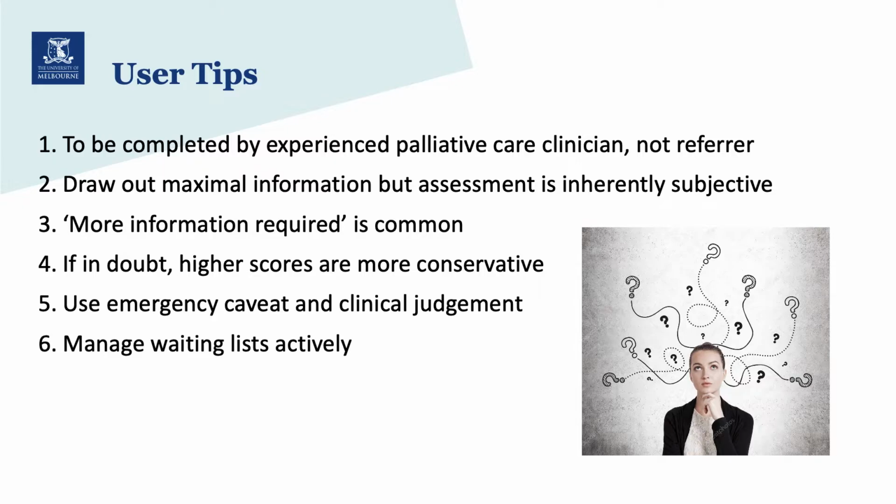So we would suggest that the minimum would be weekly, but for a patient who's considered likely to deteriorate quickly, then daily or alternate daily, checking in and just checking is the situation still the same. If not, I'll repeat the triage tool and get a new score, and then they're going to be prioritised in a higher manner.